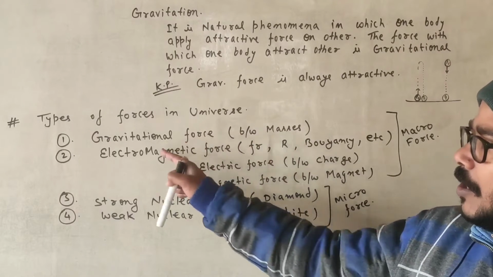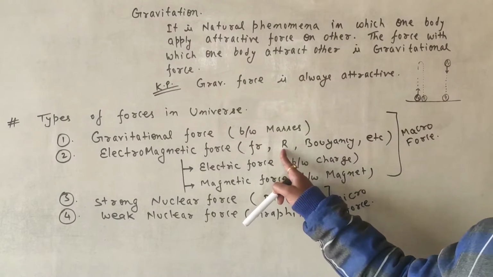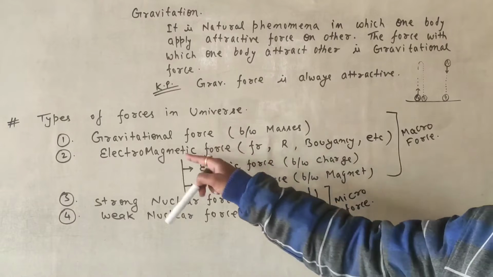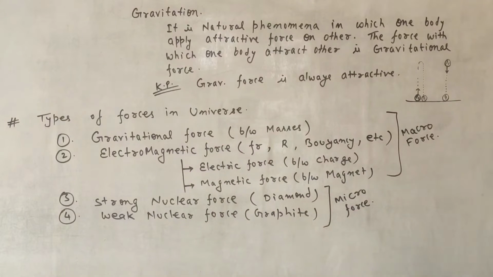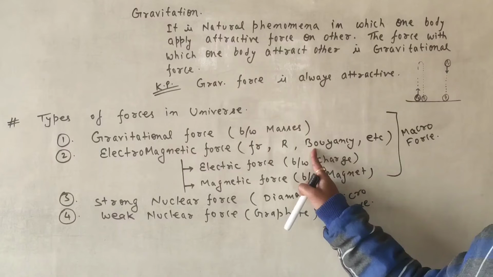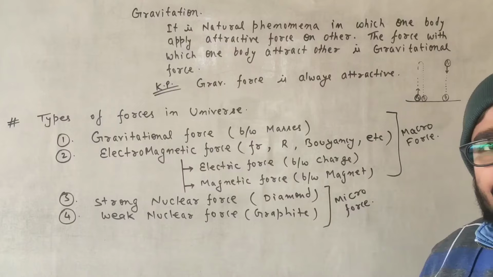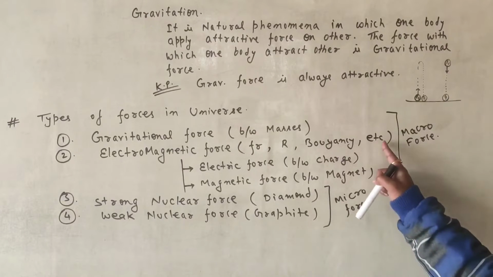Friction is nothing but electromagnetic force. What is our normal reaction? Normal reaction is nothing but electromagnetic force. You will also study buoyancy force later. Buoyancy force is also electromagnetic force, etc.